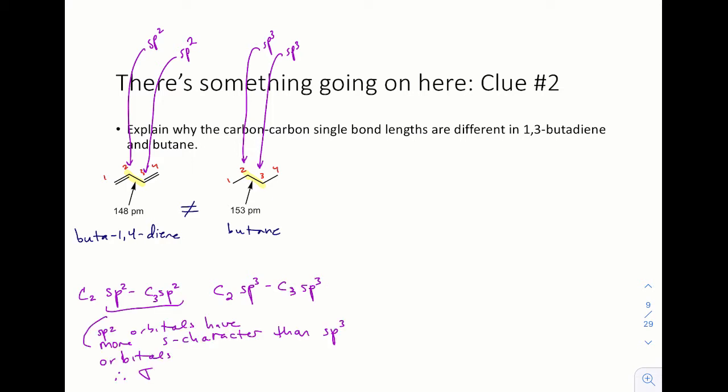We may propose that because sp2 orbitals have more s character than sp3 orbitals, the sigma bond made between these two sp2 hybridized orbitals is shorter and stronger. If you came up with that explanation, good try, but we'll see. It's not quite the best explanation.